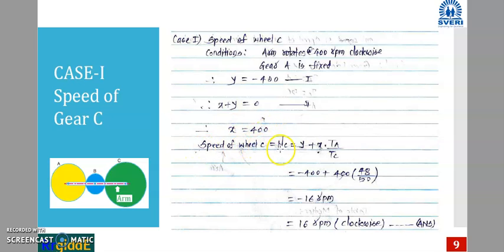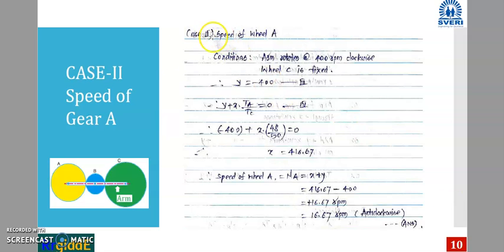Speed of wheel C, that is NC is equal to y plus x TA upon TC. By putting the value of x and y, we got the speed of C is equal to minus 16 rpm. So again we are rewriting this as 16 rpm in clockwise direction.